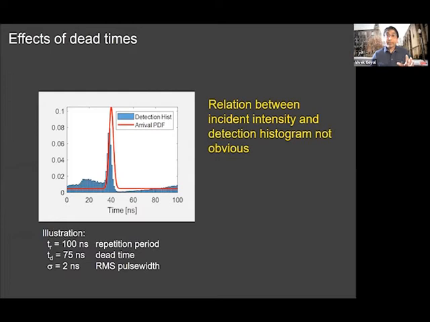From the detection time histogram in blue, we can guess that there's an object at about 40 nanoseconds time of flight. Actually, the peak has been shifted. I mentioned earlier this concept of the peak shifting a little bit because you're looking only at a first detection time. So the peak has been shifted to a little bit earlier time, but there's also a bunch of other strange things going on here.